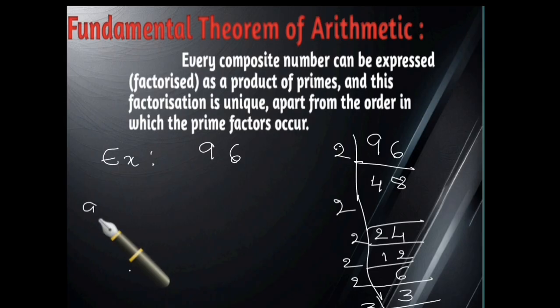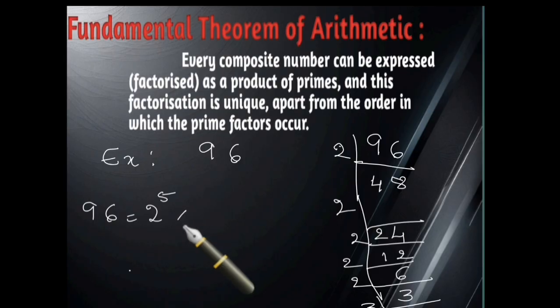So 96 can be written as 2 power 5 into 3 power 1. The statement says that every composite number can be expressed as a product of primes.